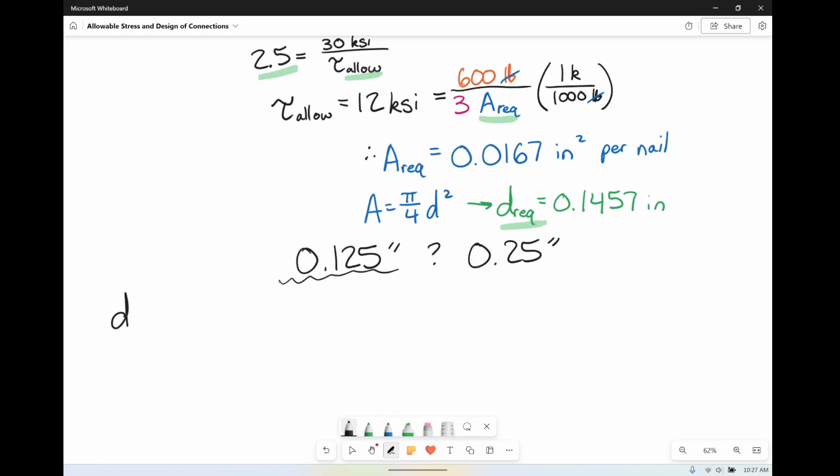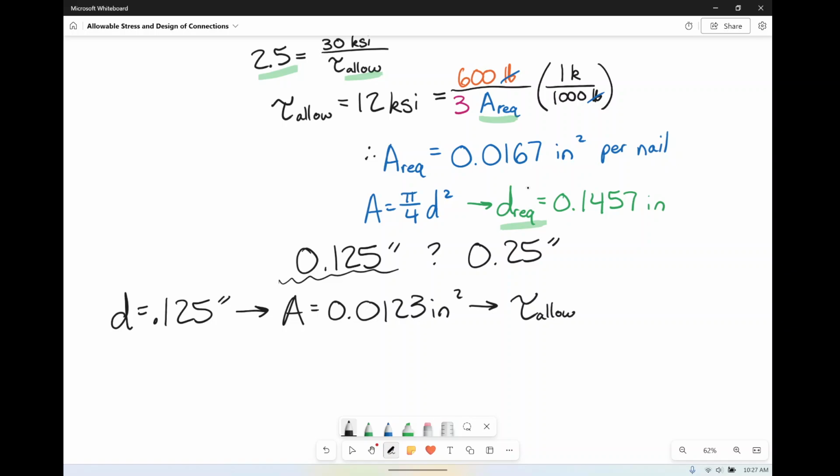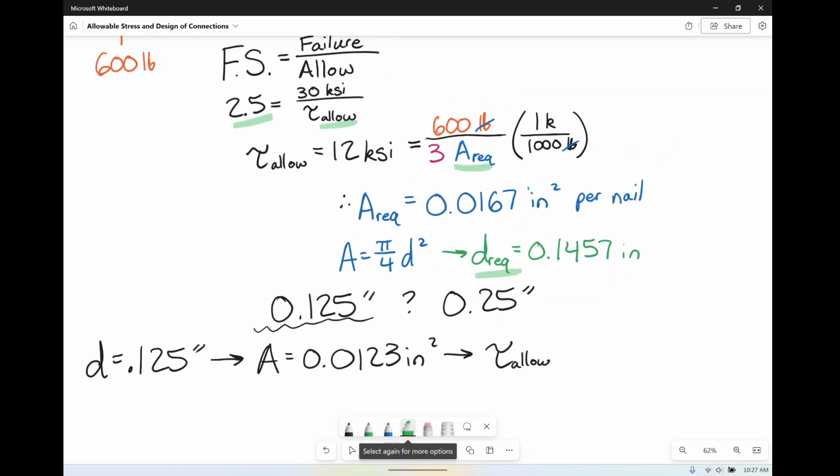So if D is equal to 0.125 inches, that's going to give us an area of 0.0123 inches squared. And that's going to give us an allowable stress, plugging that back in to here.